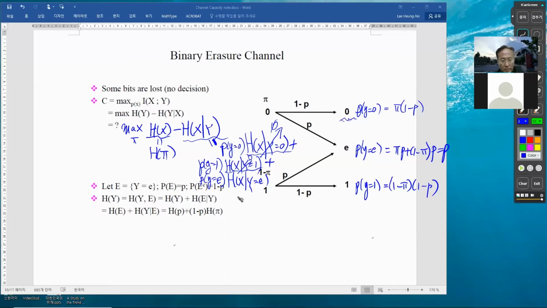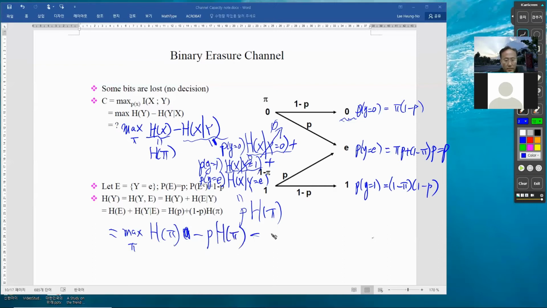The third term is the probability Y equals erasure, which is p, and the entropy on input given Y equals erasure. Entropy on input is just H(pi). So what you get immediately is this expression: maximize with respect to pi, H(pi) minus p times H(pi).